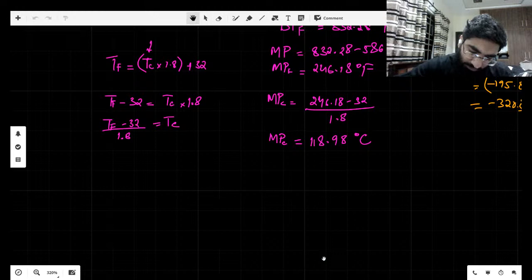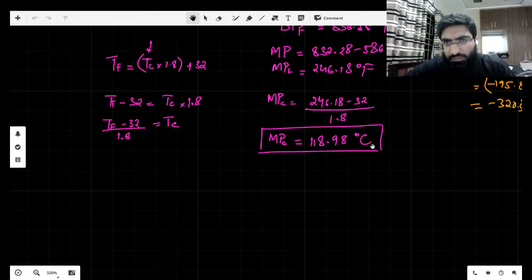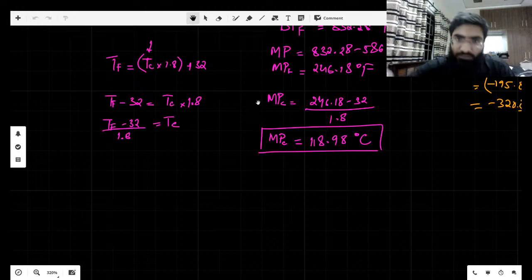So this one over here is the final answer for question number 3A. What does it ask for question 3B? Find the melting and boiling points in degrees Fahrenheit. The boiling point in degrees Fahrenheit we just calculated.